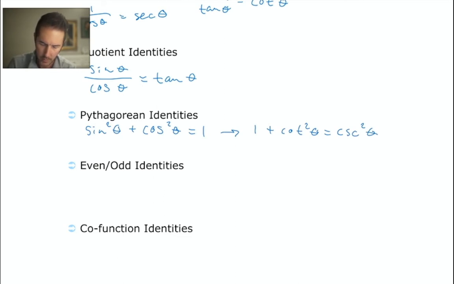Or we could divide the entire thing by cosine squared. Then sine squared over cosine squared equals tan squared, plus 1 equals secant squared theta. So those are your Pythagorean identities. I don't ever memorize all 3 of them. I memorize the first one, and then I know how to derive the other 2, dividing the entire equation by either sine squared or cosine squared.